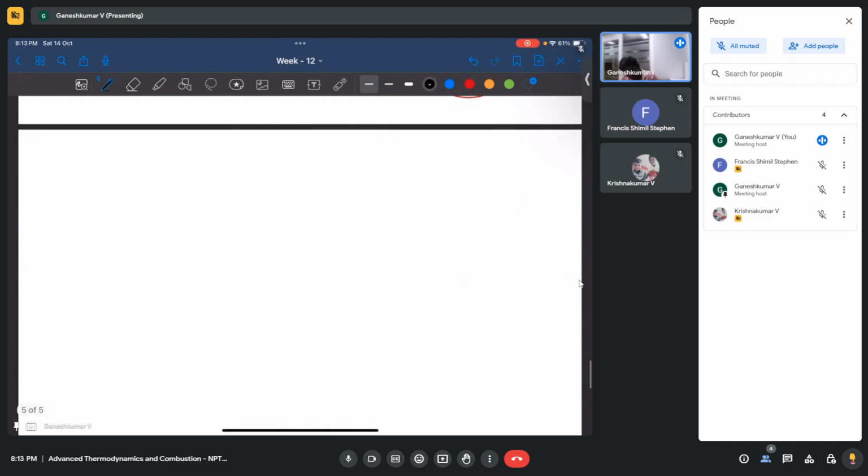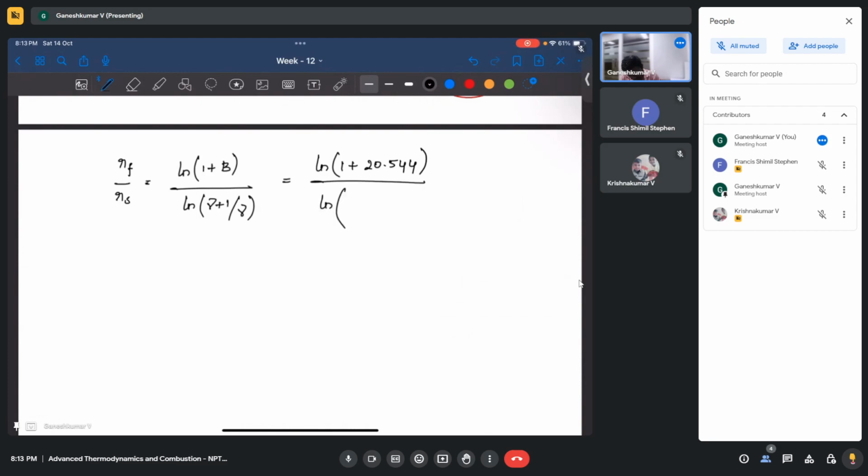For this also, I believe we have derived the relation, or at least discussed it in class. It is nothing but ln of (1 plus B) divided by ln of (mu plus 1 by mu). So we have ln of (1 plus 20.544) divided by ln of (15.165 plus 1 by 15.165).